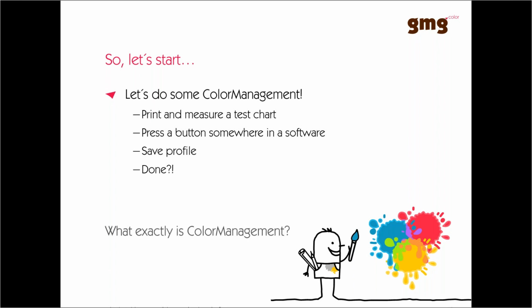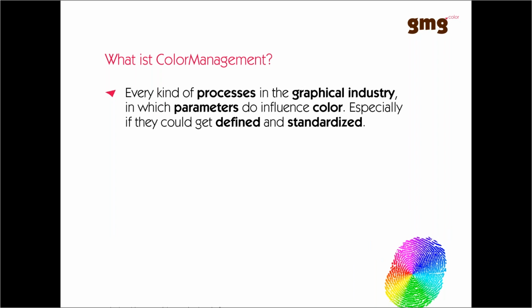So what exactly is then this color management? We as GMG, we say every kind of process in the graphical industry in which parameters do influence color, that is color management. Especially if we can get all these parameters defined and standardized.